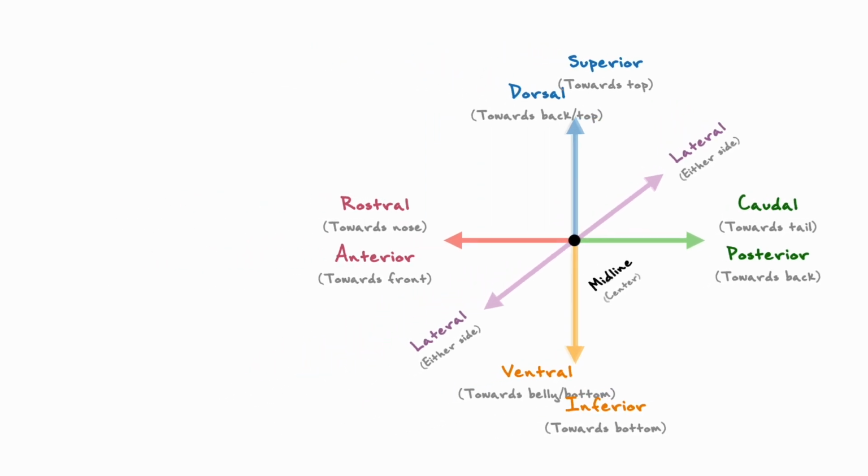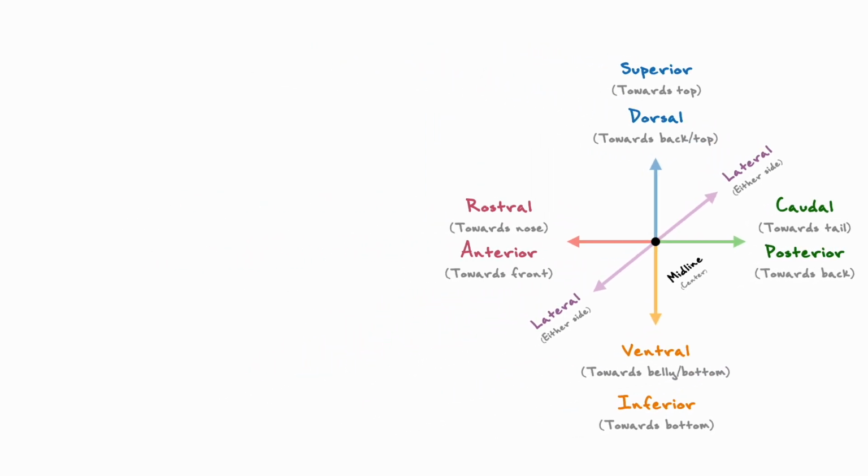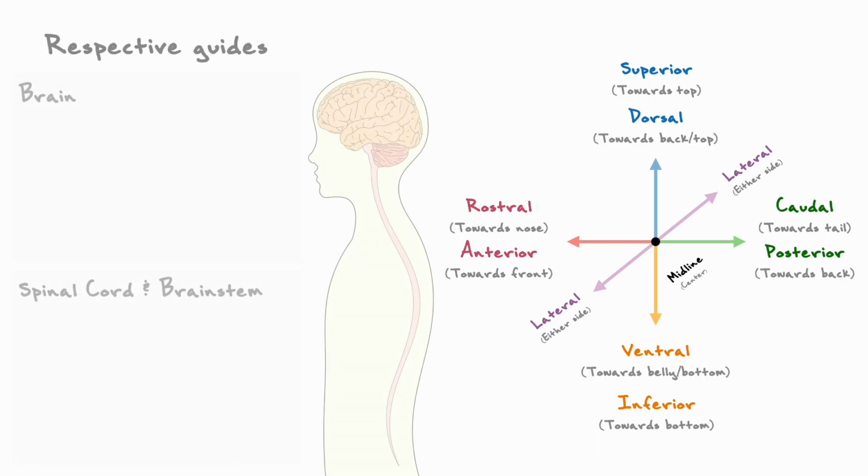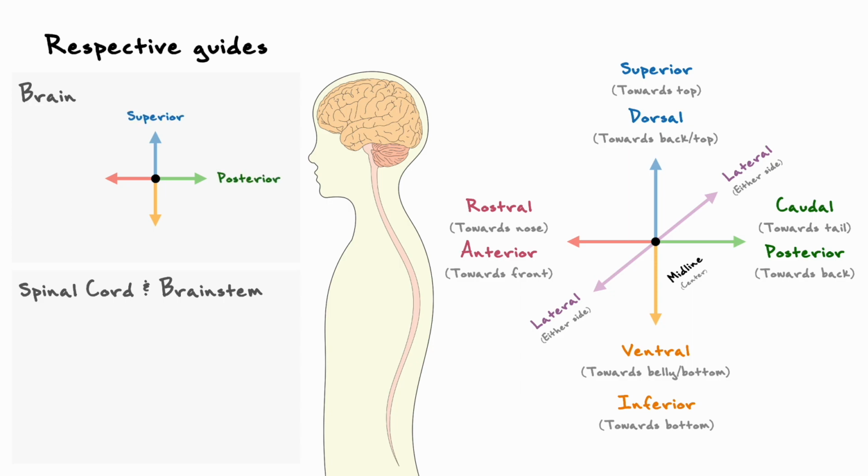This summarizes pretty well what we have discussed, but there is an important detail that remains to be mentioned, and it concerns how this system is applied to the brain and the spinal cord respectively. So, as we mentioned for the brain, up is superior, back is posterior, down is inferior, and forward is anterior.